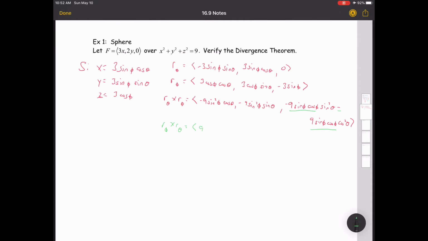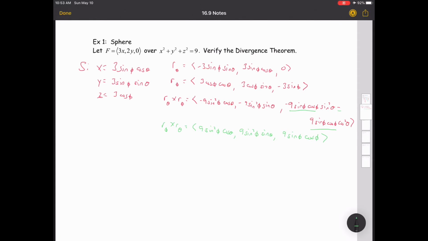So we're going to have 9 sine squared phi cosine theta, 9 sine squared phi sine theta, and then after factoring this out, and we're going to change the sign, it's going to become 9 sine phi cosine phi. That's going to be our cross product. So now we've got our n.